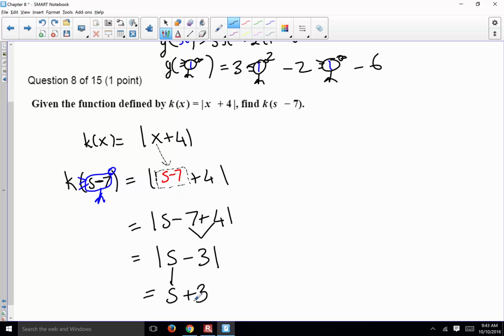No. Don't do that. Don't. Because first off, how can you take s out like that? Do you know s is positive? What if s is minus 2? How do you know s is not minus 2? Then you're making here minus 2. How come absolute value let a negative number out? s can be negative maybe.